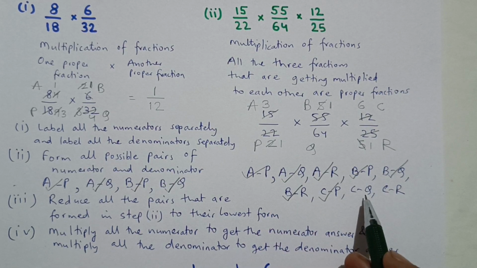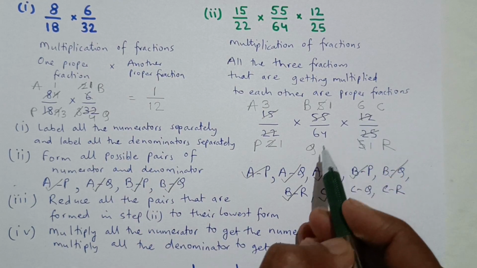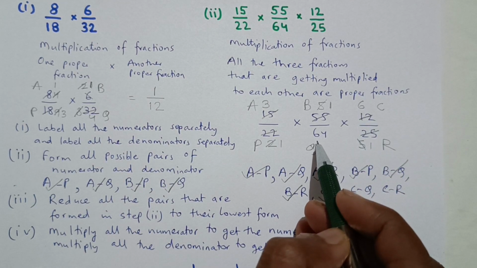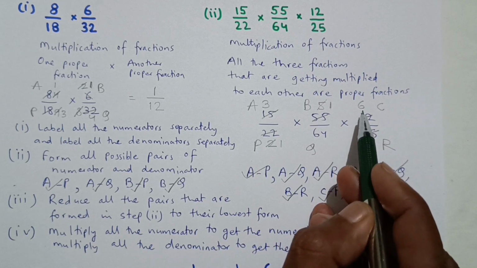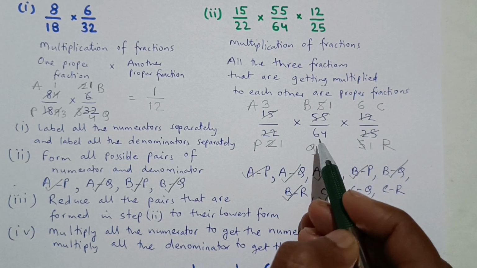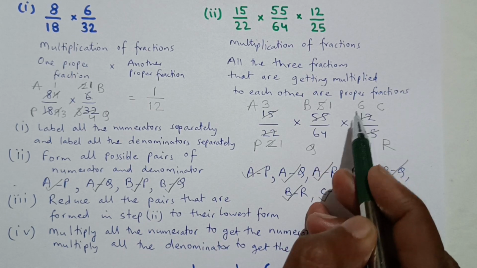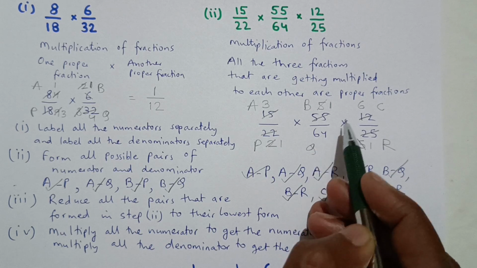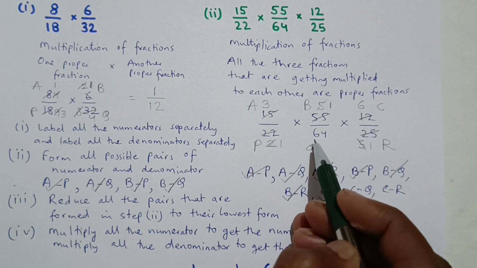Then it is CQ. C is 6. Q is 64. 6 by 64. Yes, we can reduce 6 by 64 to its lowest form because both are divisible by 2. Both 6 and 64 are divisible by 2.